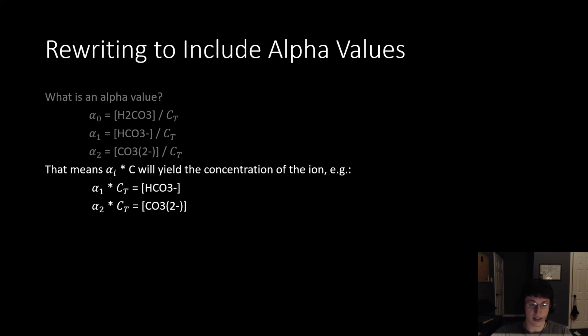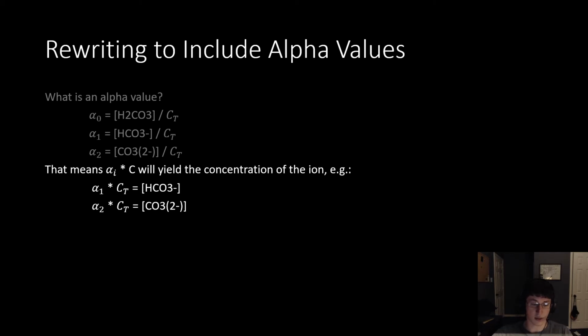That means that the alpha value multiplied by the analytical concentration of the parent molecule will yield the concentration of that ion. So if we multiplied the alpha 1 expression by the analytical concentration of carbon, we would obtain the concentration of the bicarbonate ion.